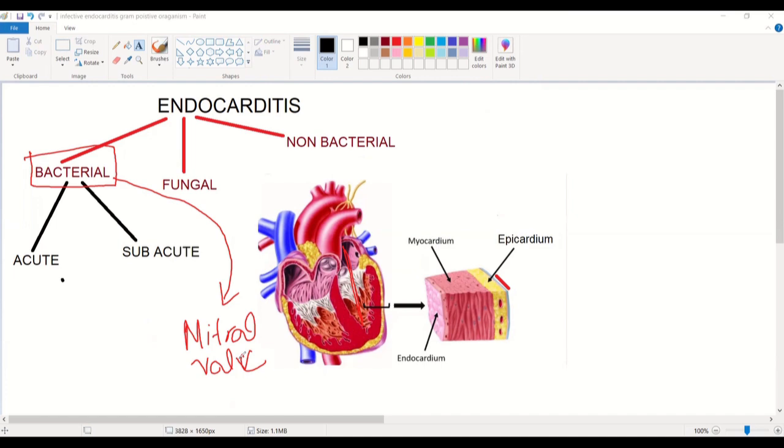Okay, so it is a left-sided pathology. So it will increase the risk of systemic emboli.